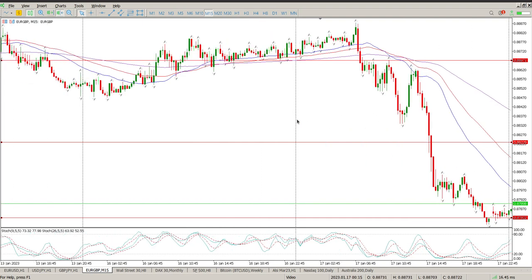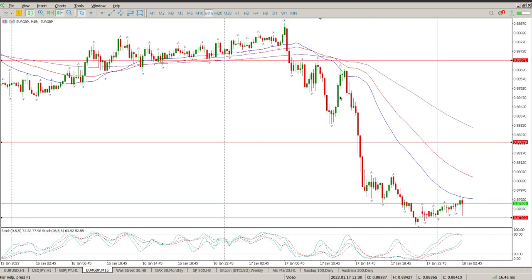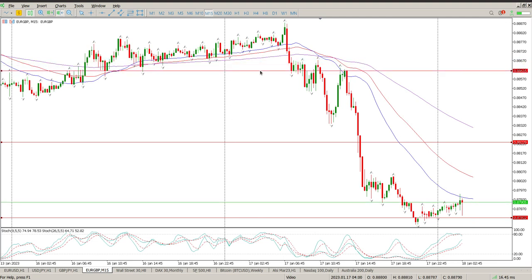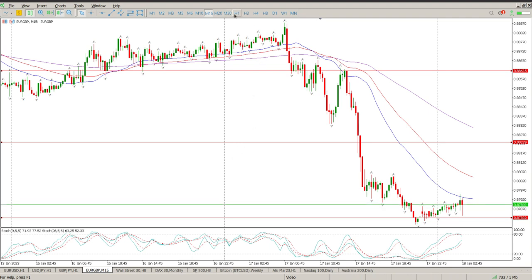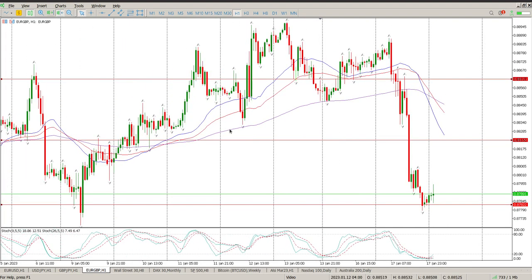And probably there's some structure down here that was rejected and then came back to test another break, and there is the structure for that break there, and then another move down. So yes, there was a great opportunity, and I think you do have the setup brewing at the moment.